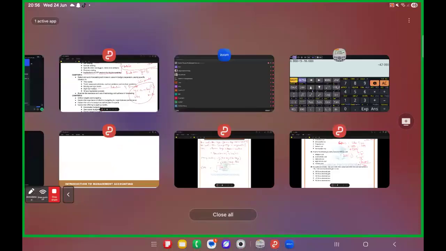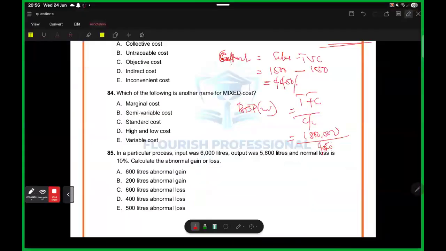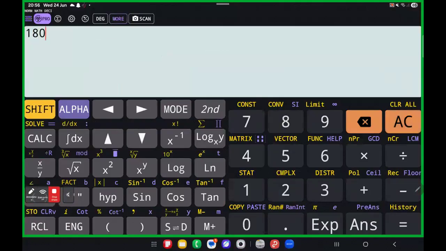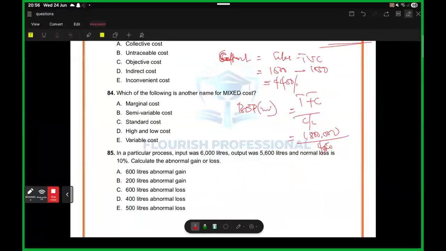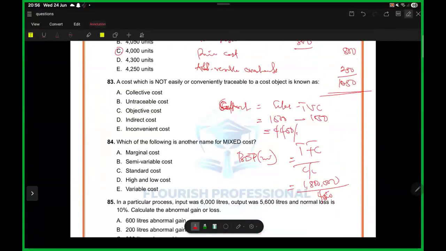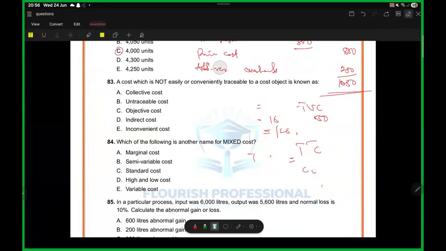Sorry, it's not 400, so 450. Dividing 1,800,000 by 450, I'm going to get 4,000. 4,000 is option C. Very simple. So in exams, if you know what you are doing, you calculate quickly and you are good to go.